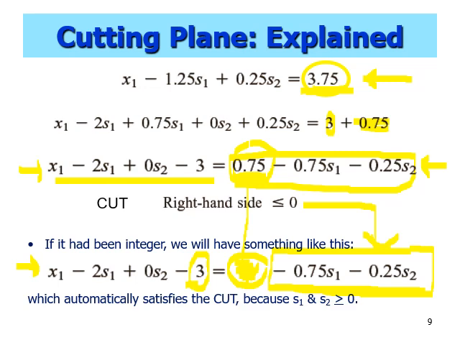What I'm saying is that if your solution is already integer, then it will always satisfy this cut constraint. However, if your solution's right-hand side is not integer, it will not satisfy the cut constraint, such that when you resolve the problem after adding the cut constraint, that solution will be cut out.